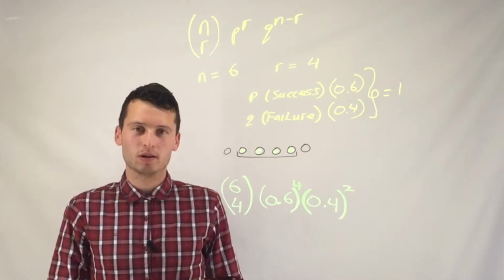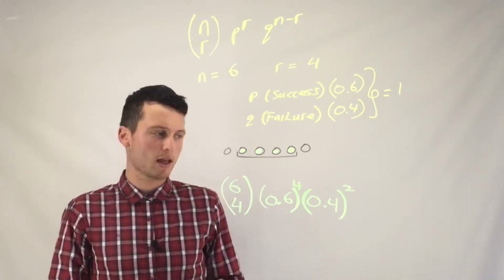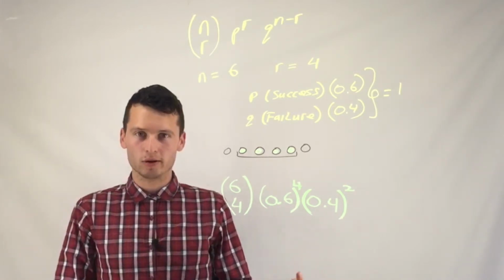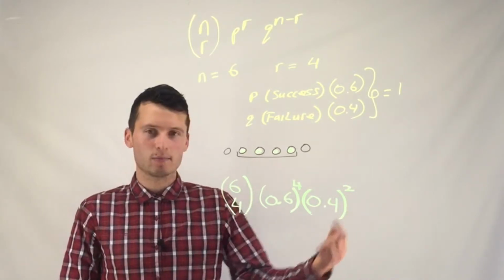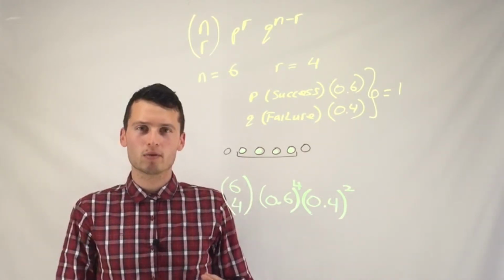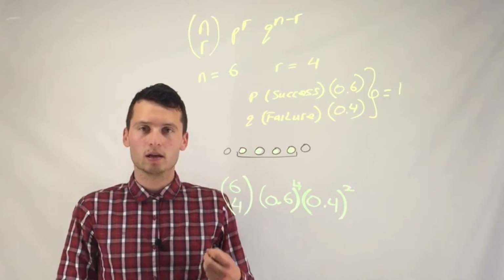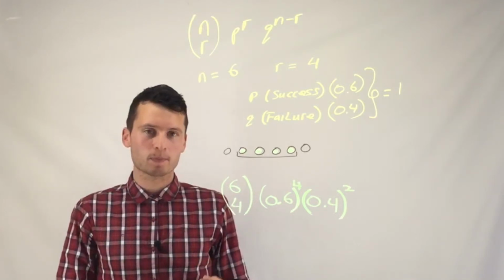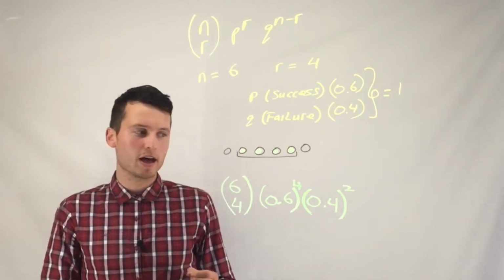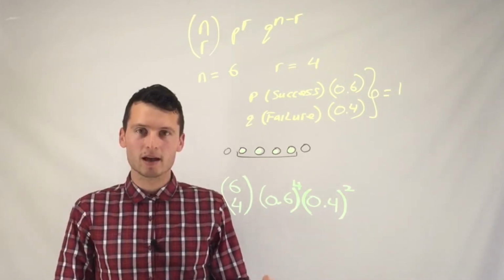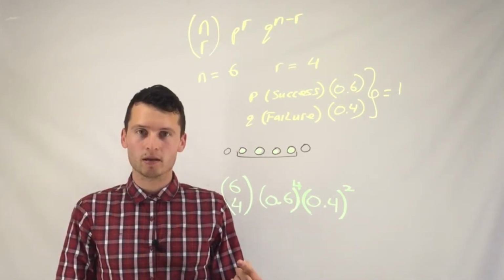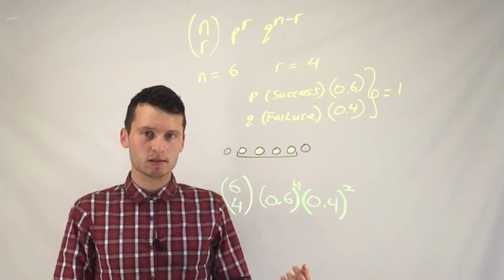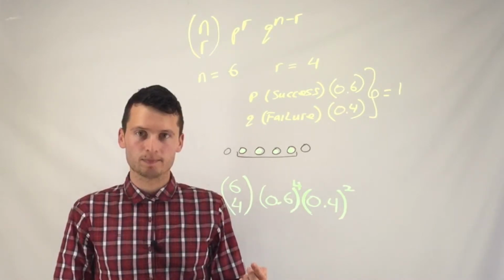There's also a possibility the basketball player will miss. And that's 40%, or 0.4. And we put that to the power of 2 because we're looking for the probability that he will miss 2 shots from 6. Remember that the powers, when added together, must equal n. 4 plus 2 equals 6.